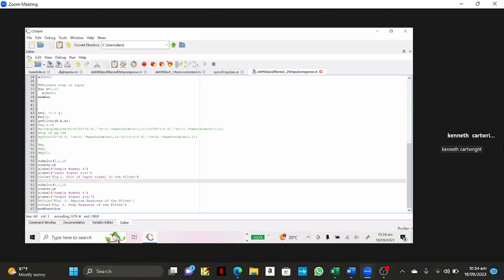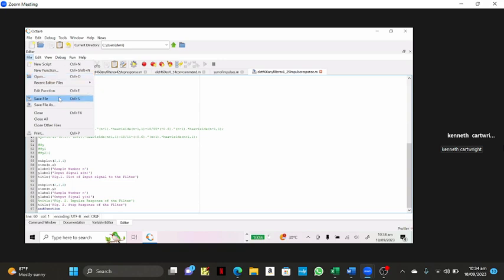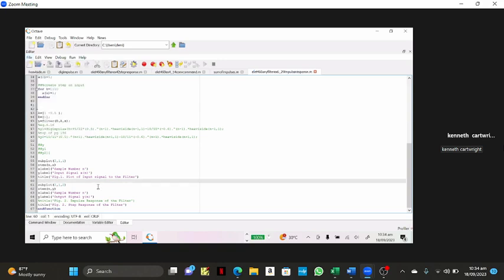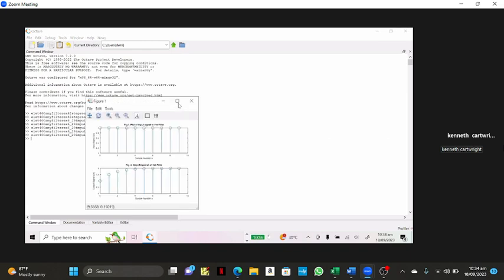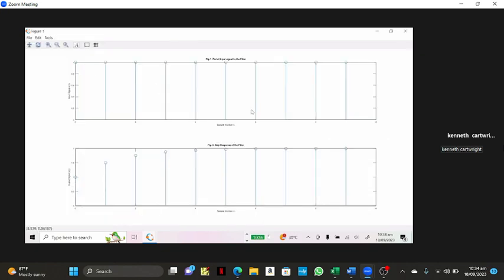And if you remember last class, the output was 1, then 1.5, then 1.75. So there's my input. It's a step. All right. There's my output. 1, 1.5, 1.75. So that's the correct step response.